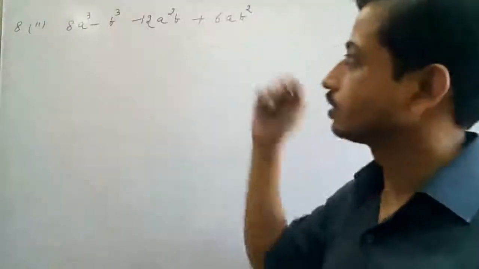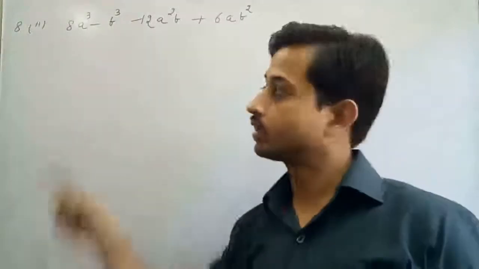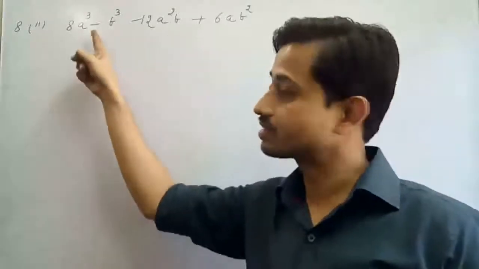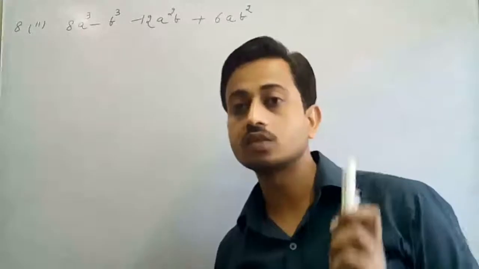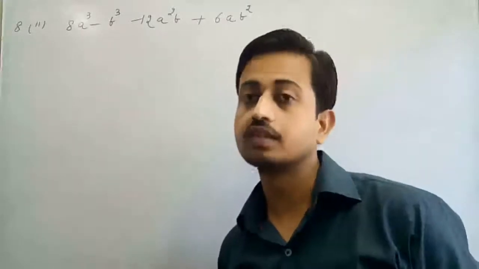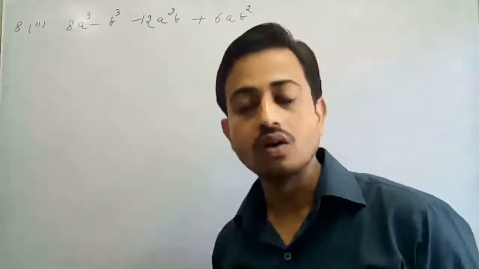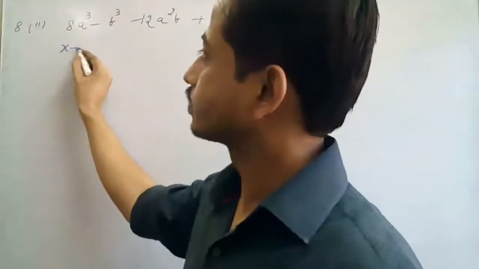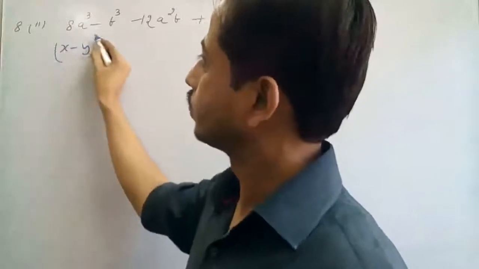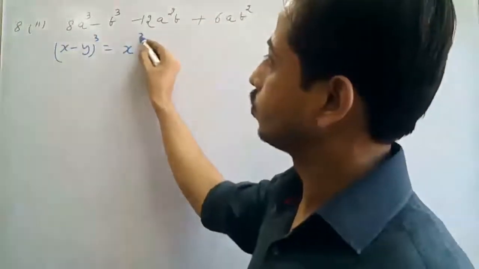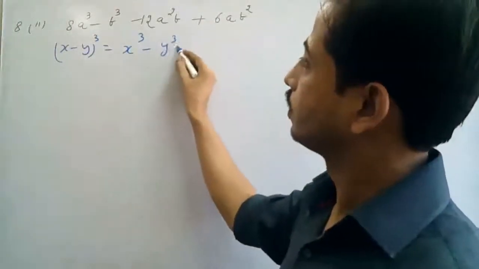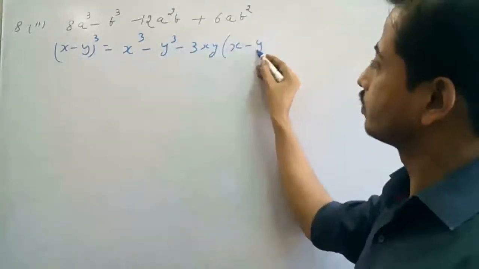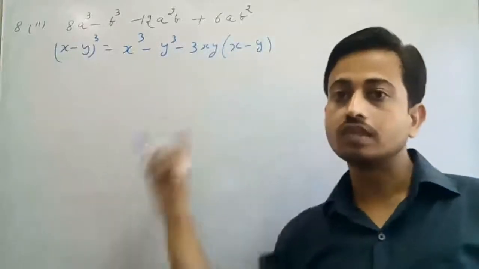Now look at question number 8 part second. Look at the terms a cube, b cube. It means the identity is whole cube, but check the sign, negative. So this matches identity number 7, x minus y whole cube. So I am writing the identity x minus y whole cube is x cube minus y cube minus 3xy into x minus y, but the term is not in this format.